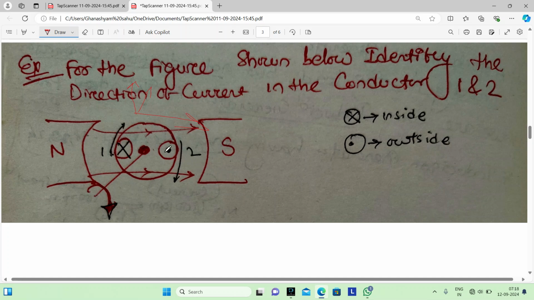So our middle finger points in the outward direction. So it is a dot in the second conductor, so the current is outward. Okay, so this is our answer.